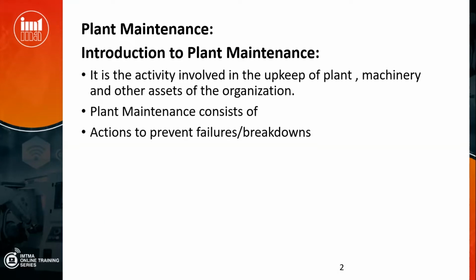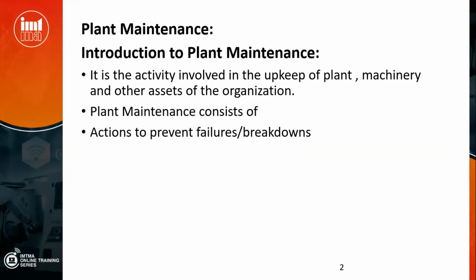When we see a production shop, the first thing we see is a production machine. But behind the production machine, for successful output, there are so many things not seen directly by us, contributing and making the production process successful. Maintenance involves all such things which contribute to successful production on a production machine.